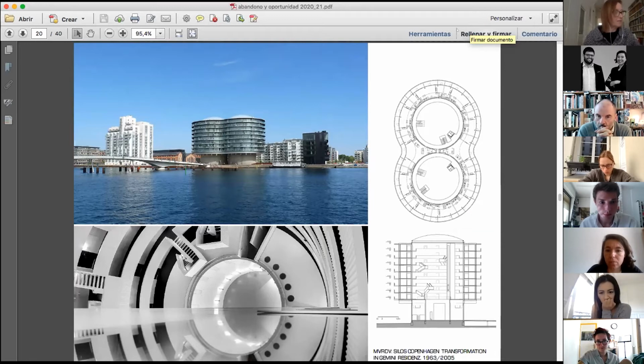In both cases, the design projects demonstrate the will to reconcile the morphological and constructive logic of the historical bodies with the introduction of new programs and consequently of new forms.